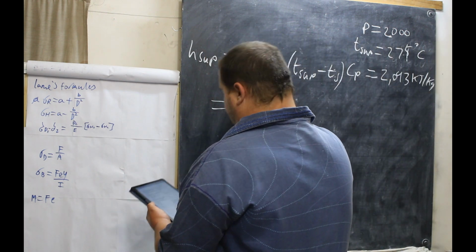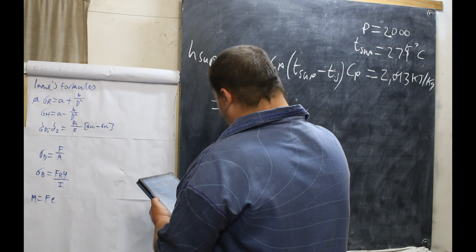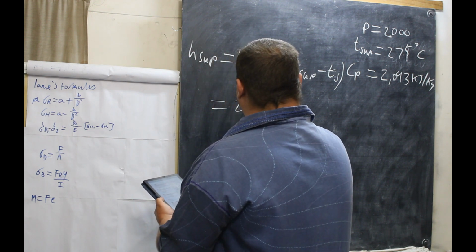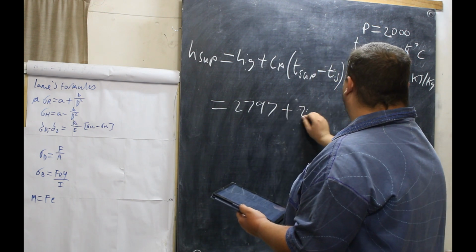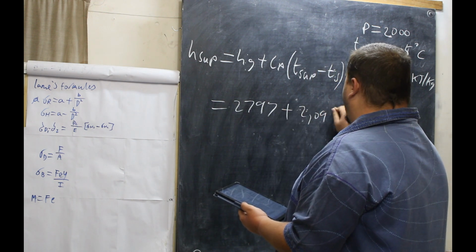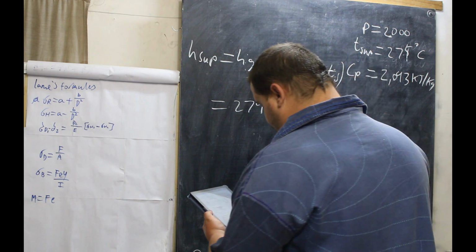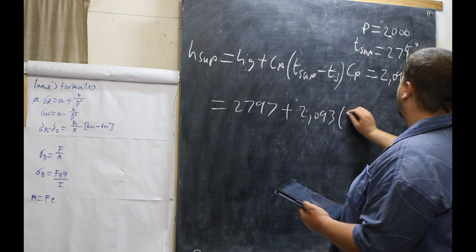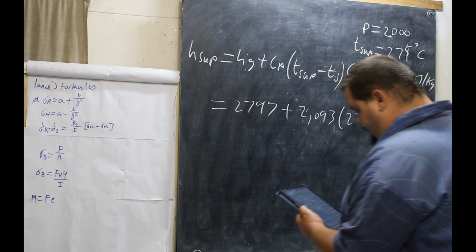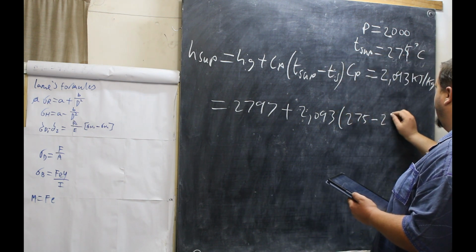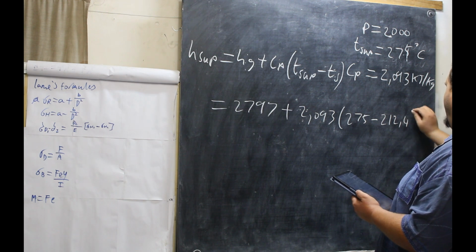We have Hg, which is 2797 plus 2,093 times 275 minus 212,4.